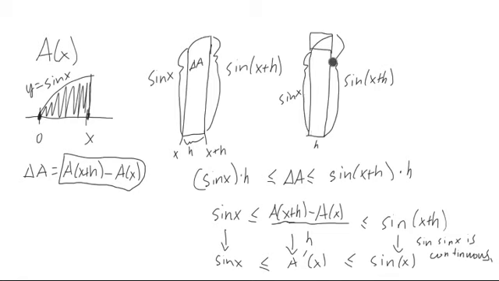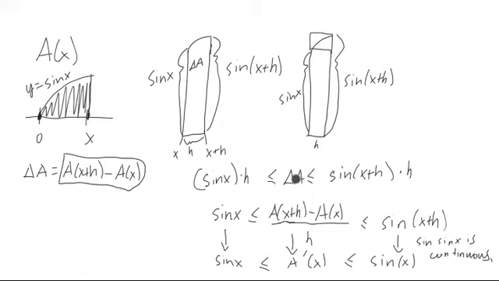Now, as we go all the way up, on the other side, we have the rectangle that has a longer side, so sine of x plus h, and the change of A is bounded above by the area of that bigger rectangle. So this change of A is sandwiched between the area of the smaller rectangle, height times width, and the area of the larger rectangle, height times width.